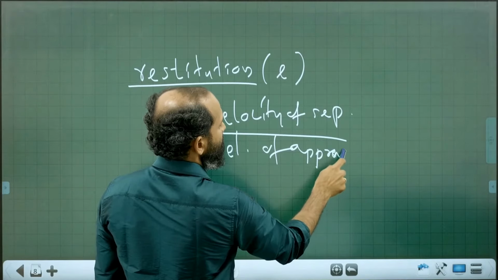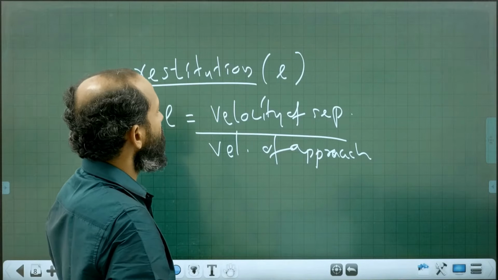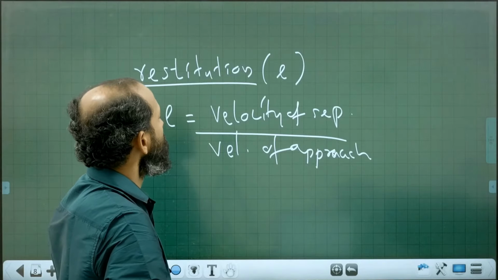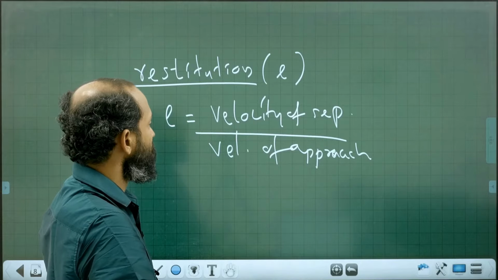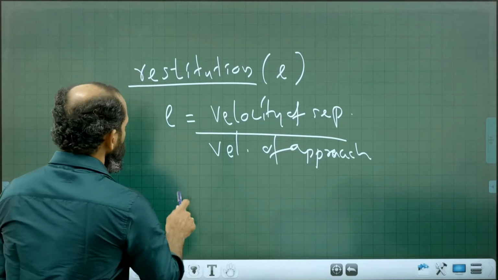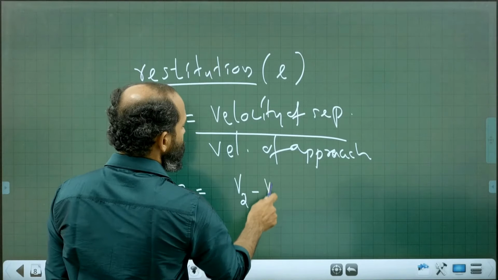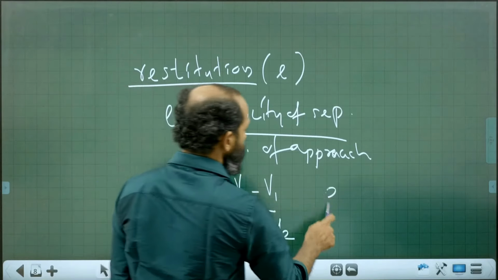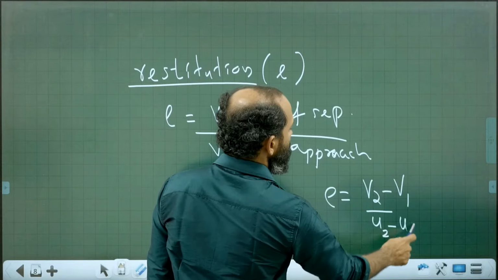Coefficient of restitution is defined as the ratio of velocity of separation and velocity of approach. And the general formula can be V2 minus V1 divided by U1 minus U2, or you can also write V2 minus V1 by U2 minus U1 with a minus sign.